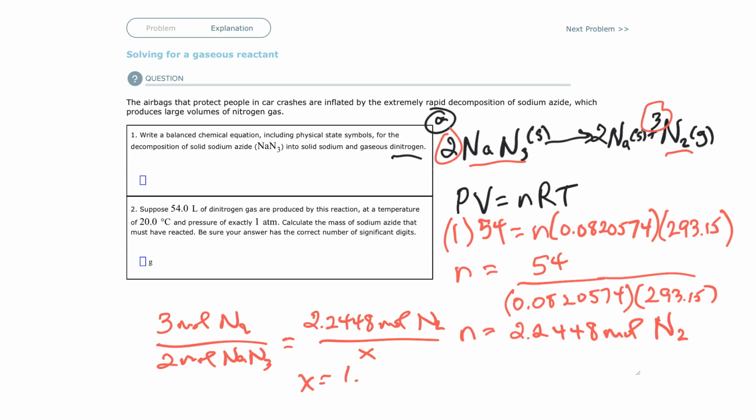I'm going to round right at the very end. I don't like to round in the middle. 1.4965, at least 5. So this is moles of NaN3.